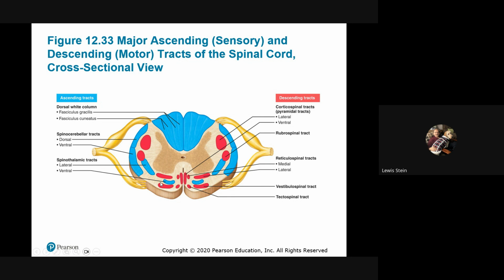On the other hand, in the sensory aspect of the tracts, the ones that convey pain really are major sensations: hot, sharp, dull, hot, cold, pain. Major sensations are the lateral spinothalamics here and here.